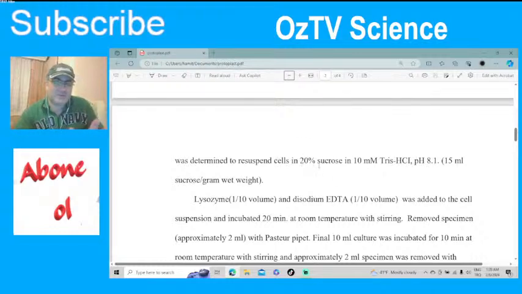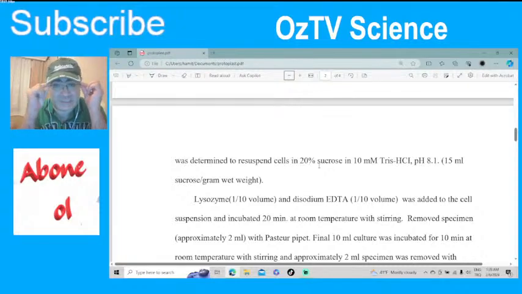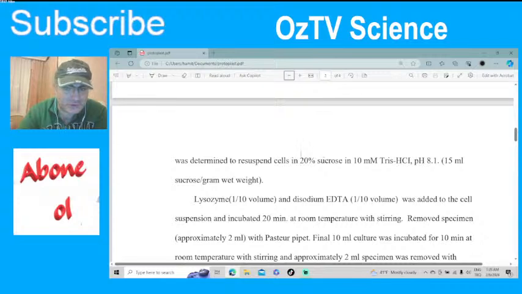Because now, remember, the cell wall is going to be removed, so you have to have some protective solution, 20% sucrose, not hypertonic, not hypotonic, like physiologic serum, so that cells are not damaged.